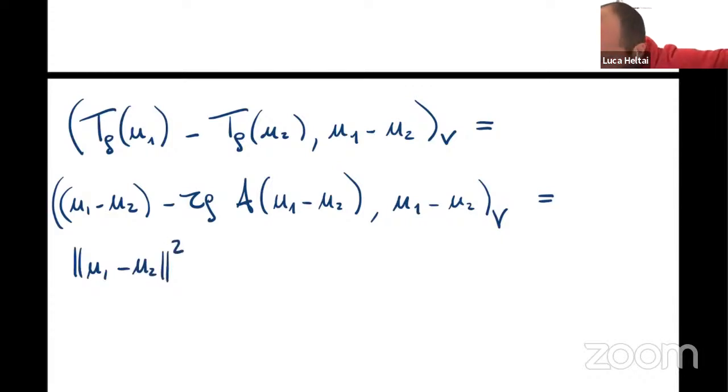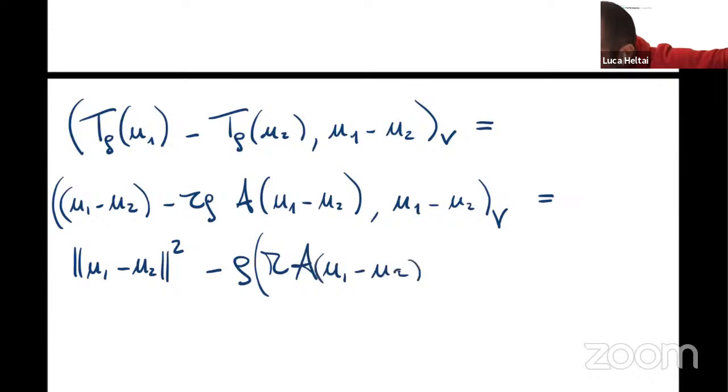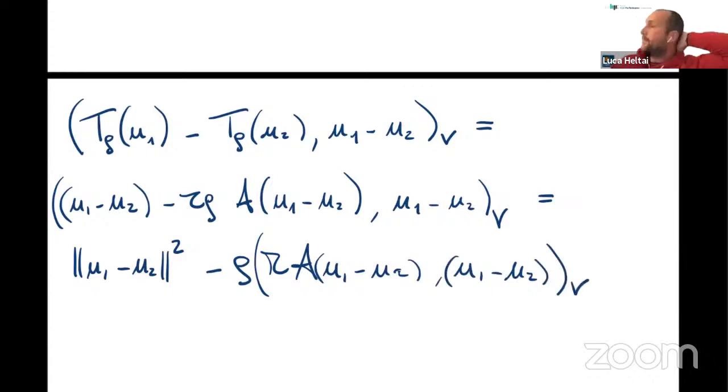And on the other side, I have minus tau, so minus rho and the scalar product of tau A applied to U1 minus U2, comma, U1 minus U2. And this is in the scalar product of V.